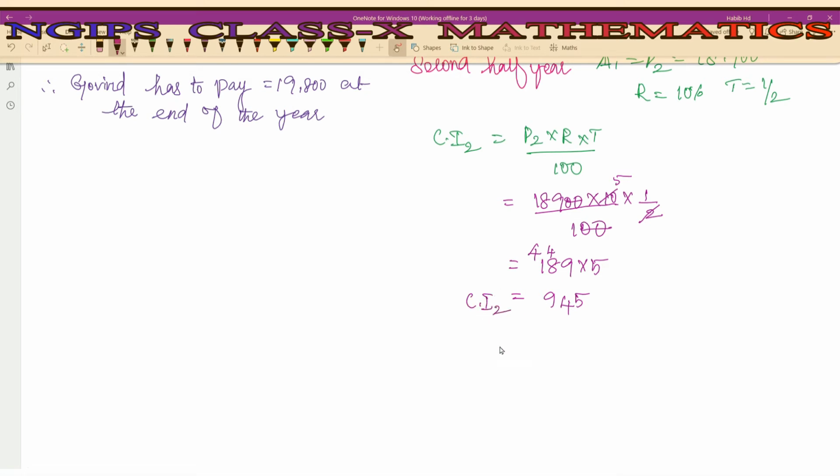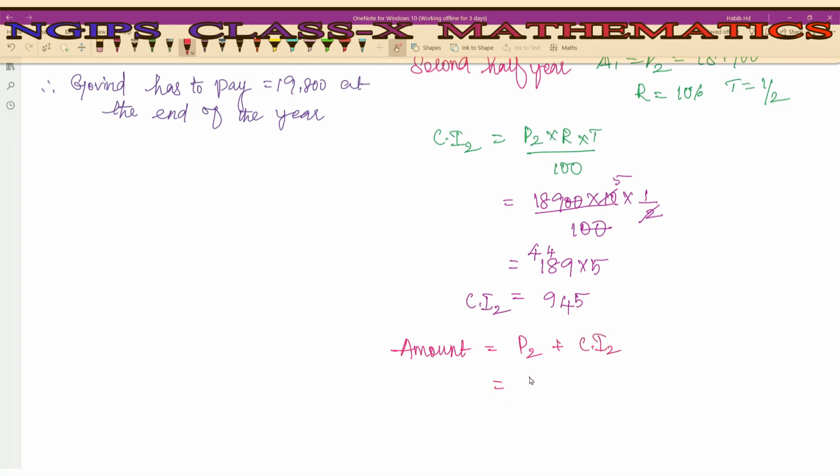So I can write compound interest for the second half year is equal to 945. So here if we calculate the amount, what will we get? Amount is equal to the second half year principal plus the second half year compound interest.